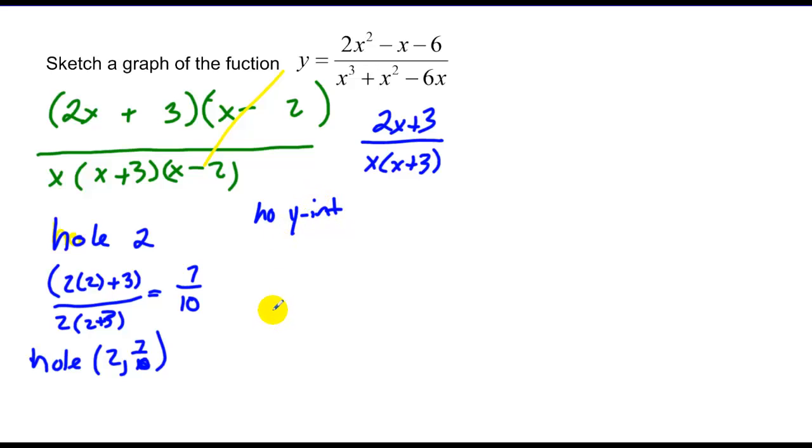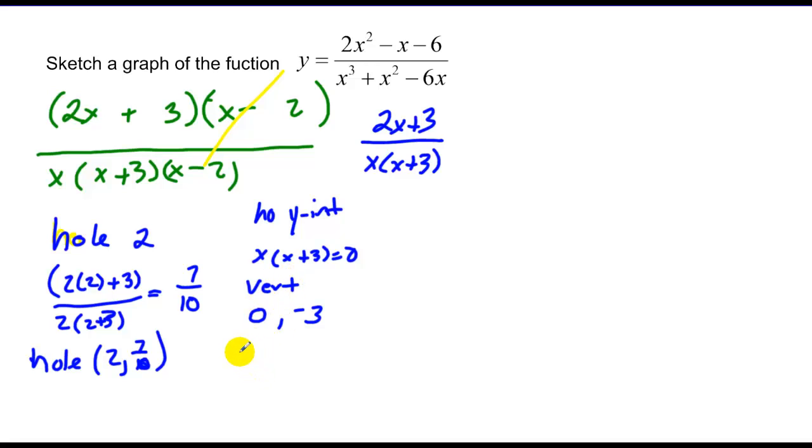Which is going to make a lot of sense because when I set my denominator equal to 0, we have vertical asymptotes at 0 and -3. So if there's a vertical asymptote where the graph is completely undefined, it makes sense there's no y-intercept.